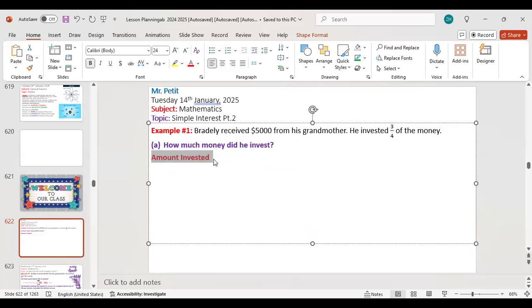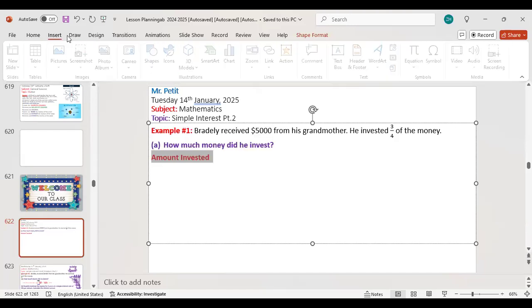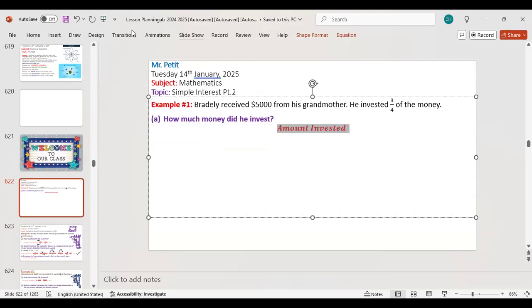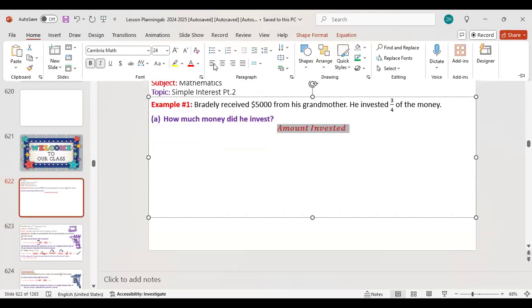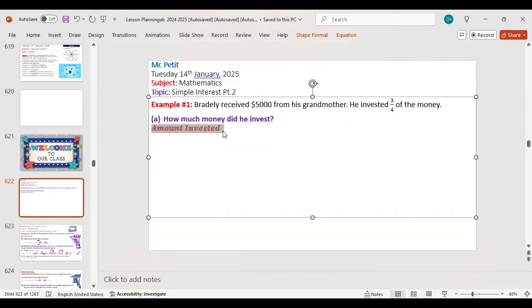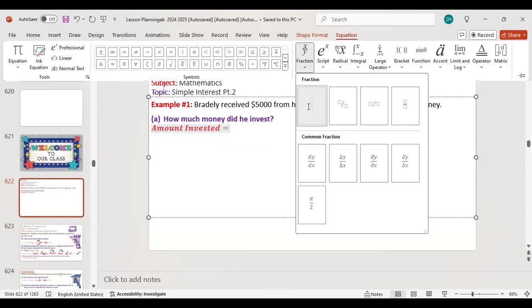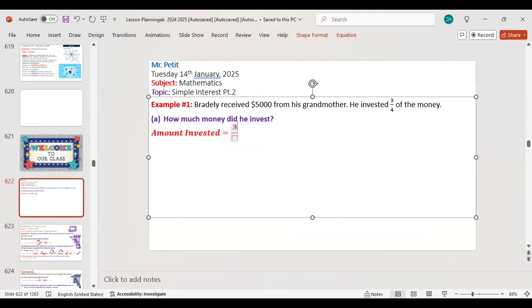So we're going to use this fraction. Amount invested is going to be equal to, I'm going to keep the fraction 3/4. It's going to be 3/4.